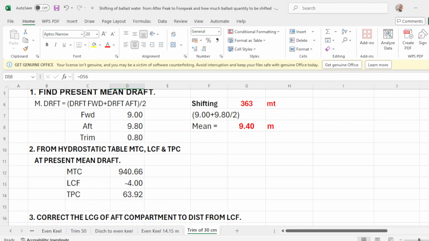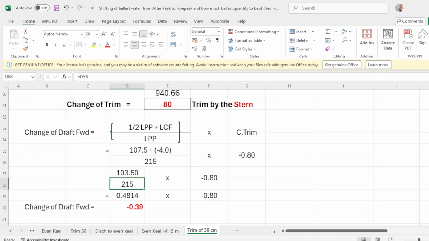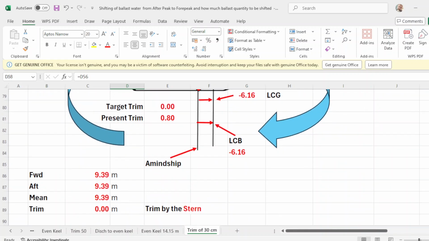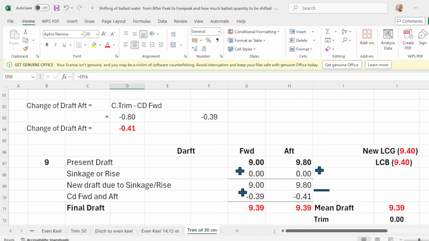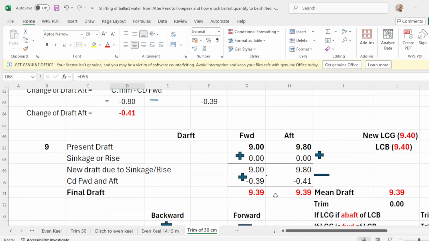But according to your computation, it should be 9.39. Okay? Anyway, for the sake of computation, we'll just use 9.39.